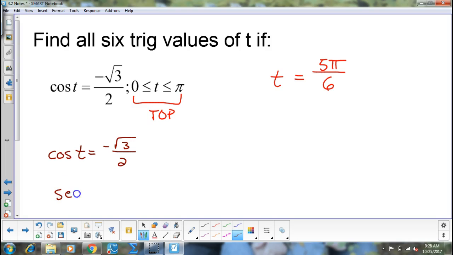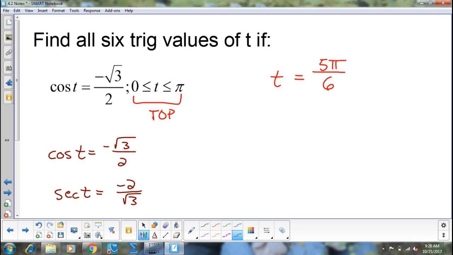Because what's the secant of t? Can I write it as negative 2 over the square root of 3? I like that better. But I like my negatives on top rather than on the bottom. Okay? Yes, ma'am?